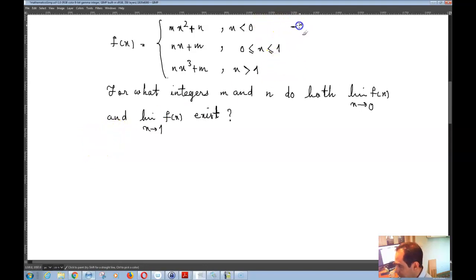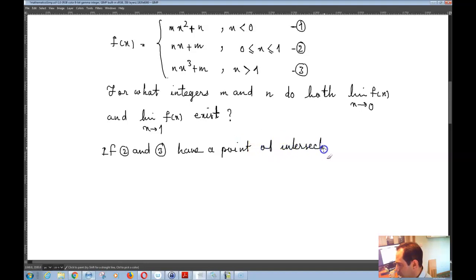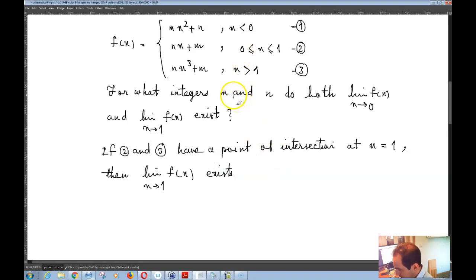If I call this 1, if I call this 2, and if I call this 3, so if 2 and 3 have a point of intersection at x is equal to 1, then the limit of f of x when x tends to 1 exists. Well, let's see how we can manage that.